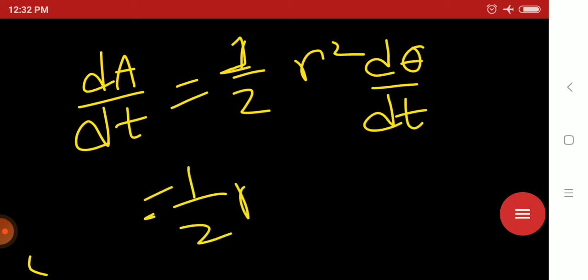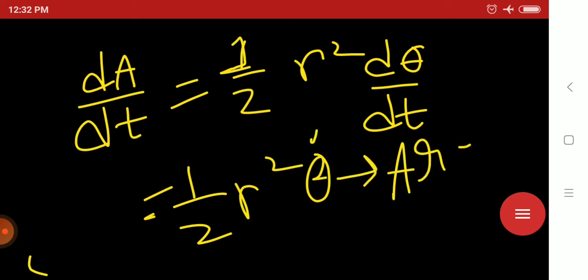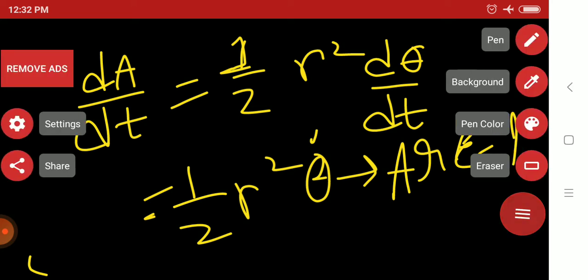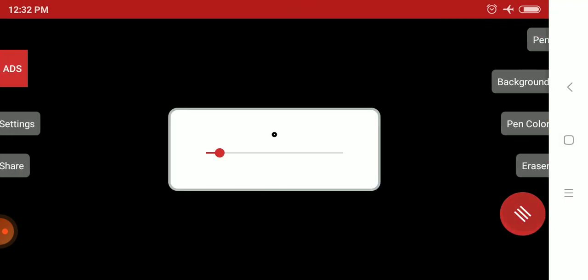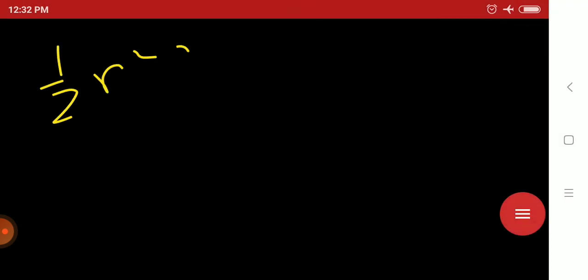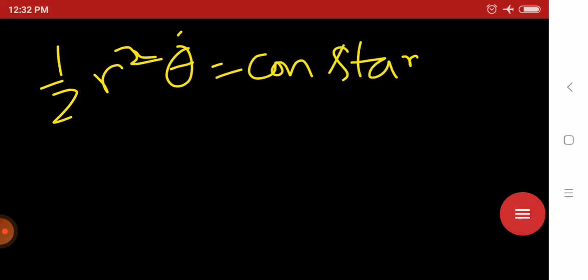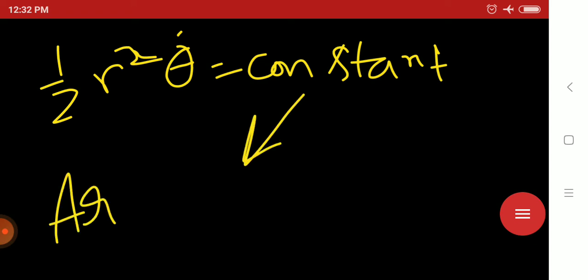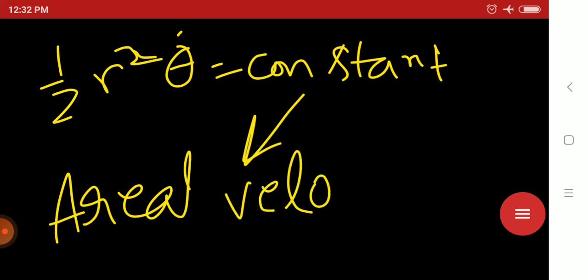So half r square theta dot is the areal velocity we have got from the figure, and from the equation of motion we have got half r square theta dot equals constant. So the areal velocity is constant.